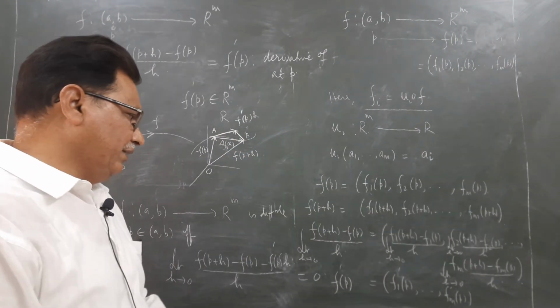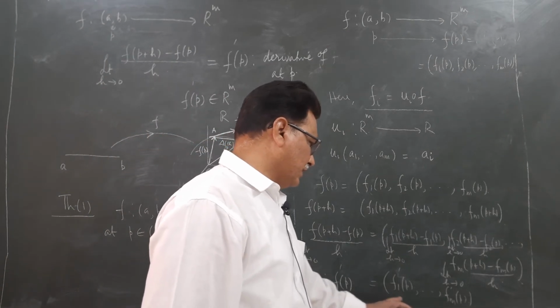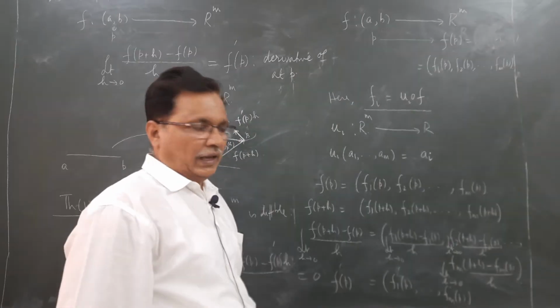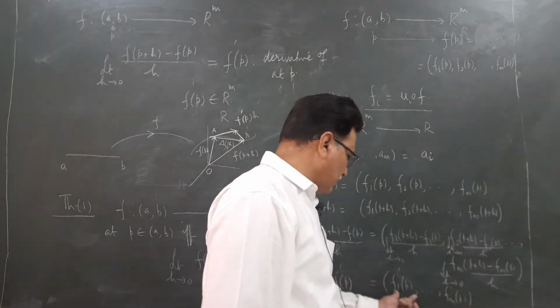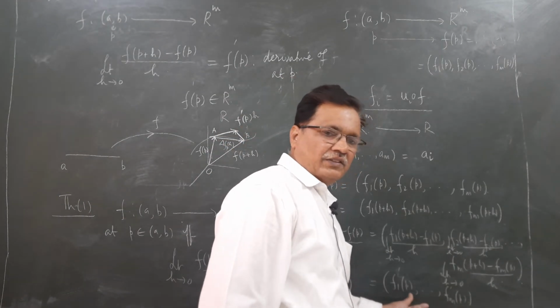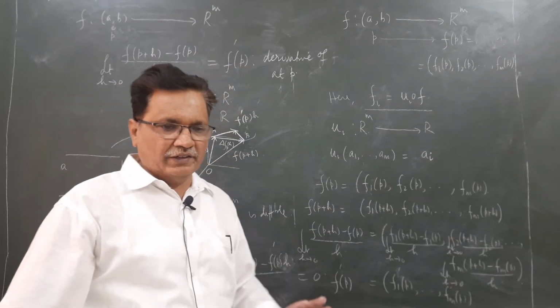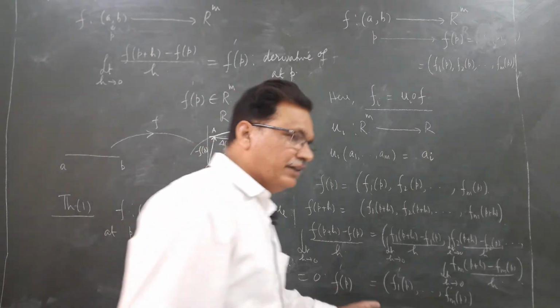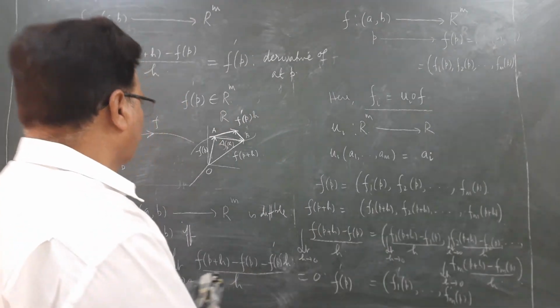So the derivative f dash p is the m tuple of the derivatives of the components, and its existence is ensured if the existence of each component's derivative is ensured. So the derivative of a vector valued function exists if and only if the derivative of each of its components exists.